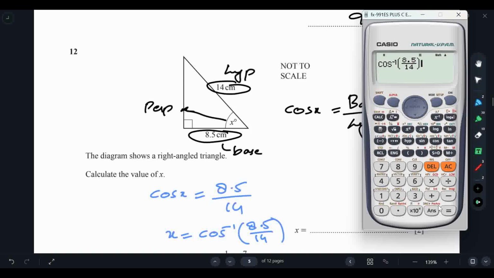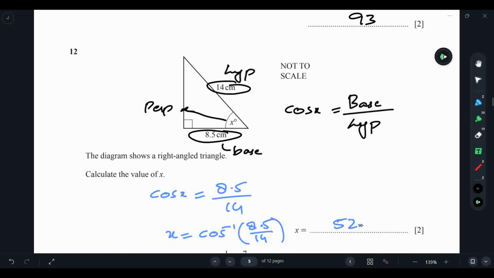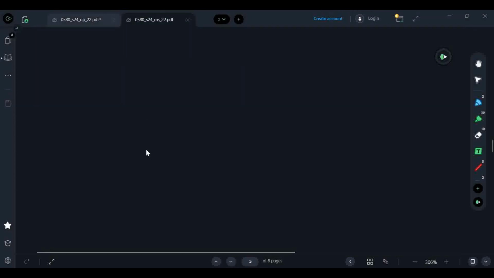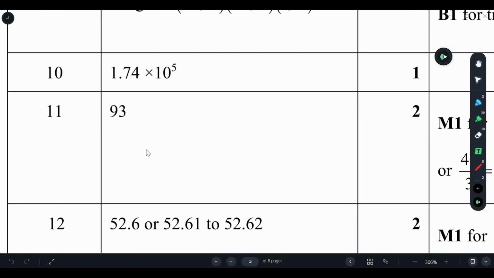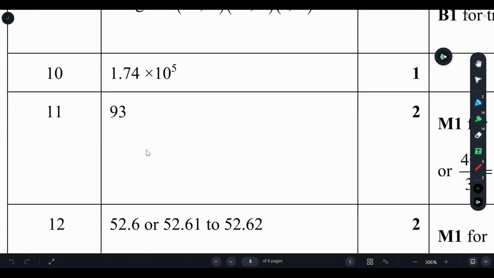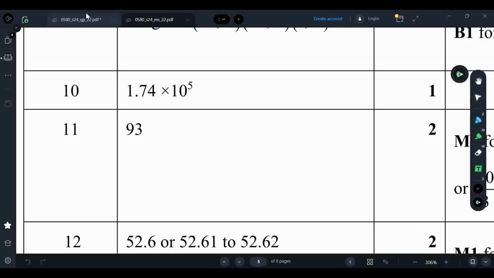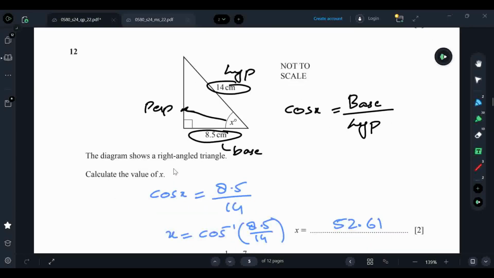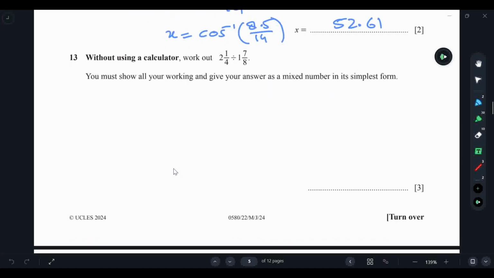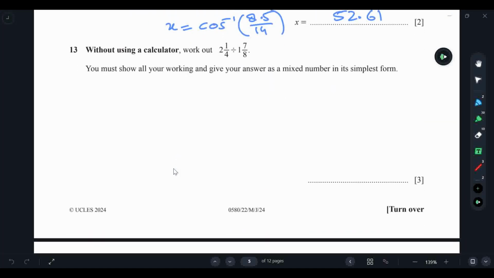So this will be equal to 52.61. So the angle will be 52.61. Let me check the answer. Question number 12 is 52.61. Let's move to the next one. Question number 13. Without using a calculator, work out.